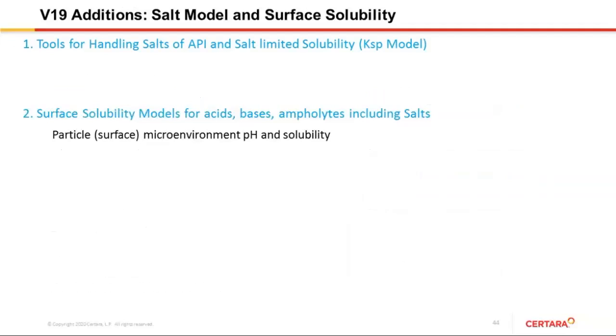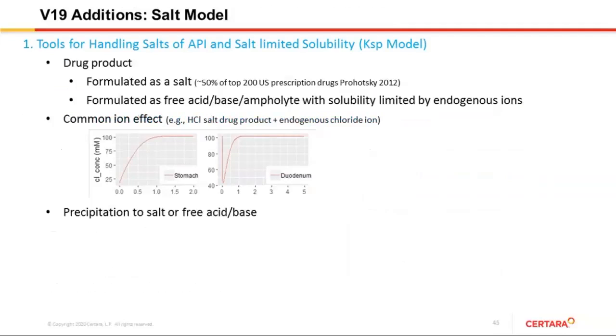Moving forward quickly, we have added a salt model and surface solubility models to version 19 of Simcyp. Surface solubility refers to particle microenvironment pH and solubility, okay? And I'll come back to that briefly in a second.